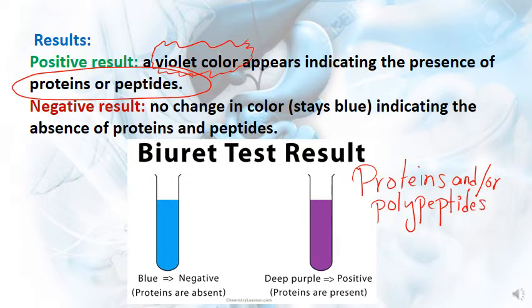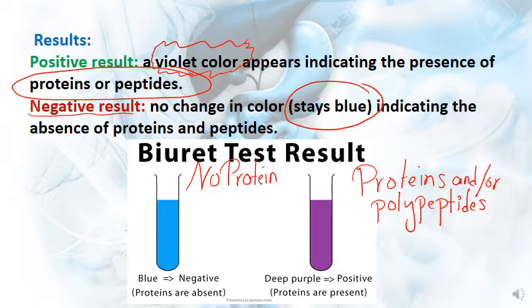Okay? While the negative result, meaning that we don't have proteins and or polypeptides, the color will stay blue. So there is no protein and/or polypeptides. So repeat this.